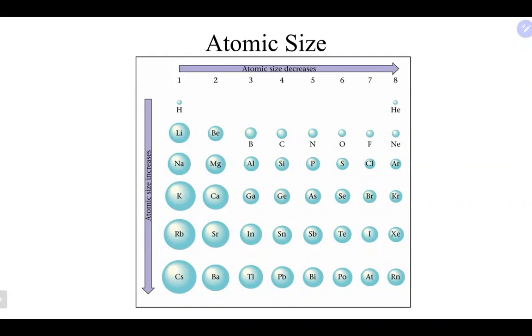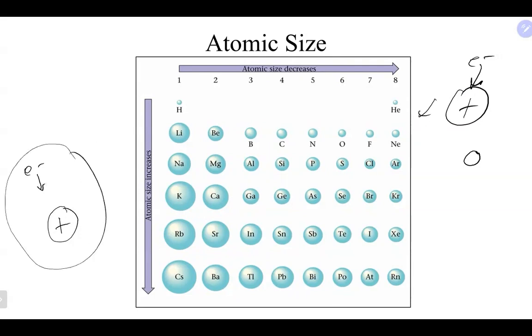So everybody's brought in a lot closer to each other. You have a lot more protons on this side, making a bigger positive charge that pulls those electrons in, which means the overall size of the atom gets smaller. A little less is happening here in terms of effective nuclear charge, so they don't pull those electrons in as far. So the overall size is a little bit larger as you go to the left.